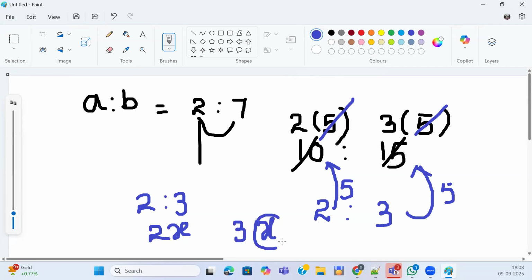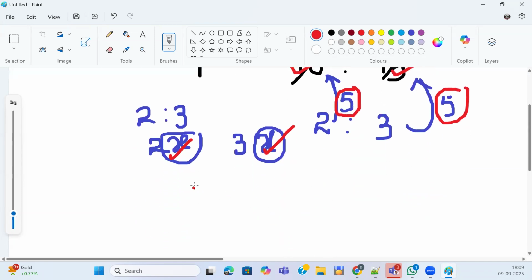Why the same x? Because only if you multiply by the same number will you get the original numbers. That is the reason whenever a ratio is given, we assume the numbers as 2x and 3x. It's not necessarily 2x; you can say 2a and 3a. Basically any variable, but that variable should be the same.